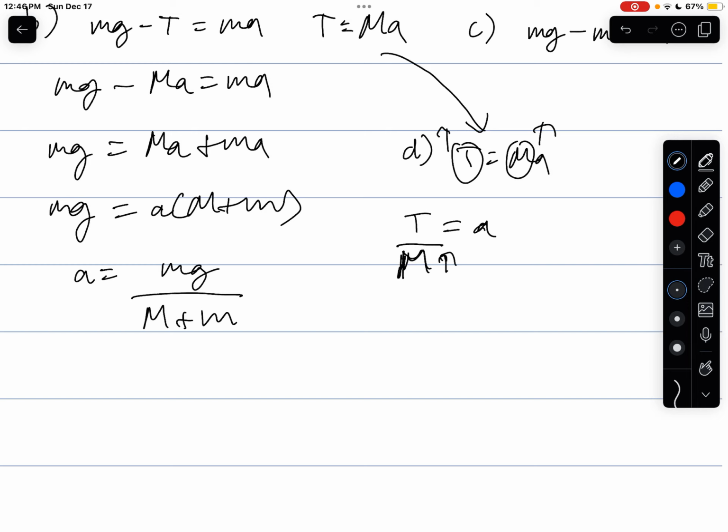So increasing the mass will decrease acceleration because your m is in the denominator. And it also shows the inverse relationship between a and m. As you increase the m, a would decrease.